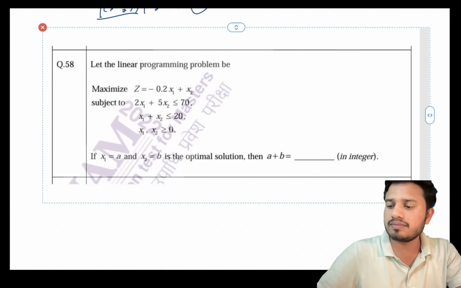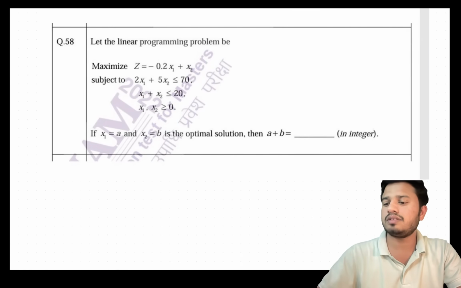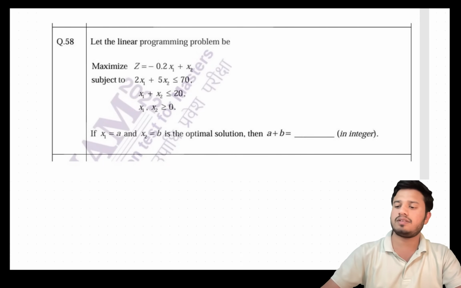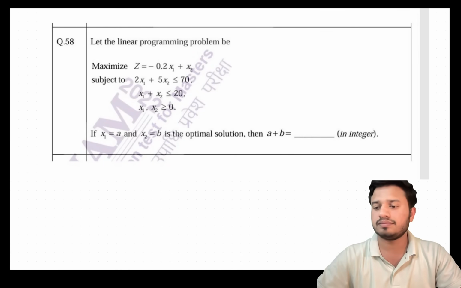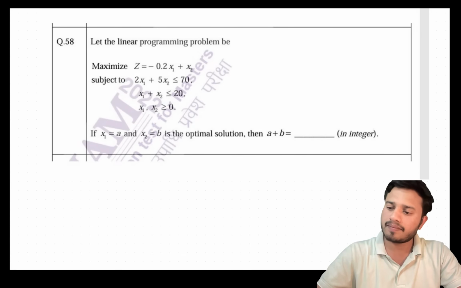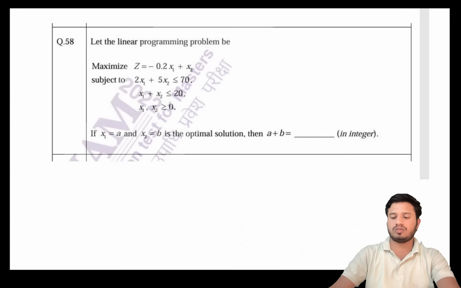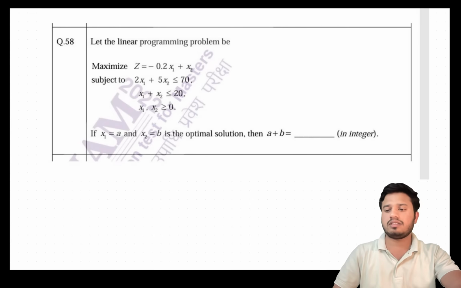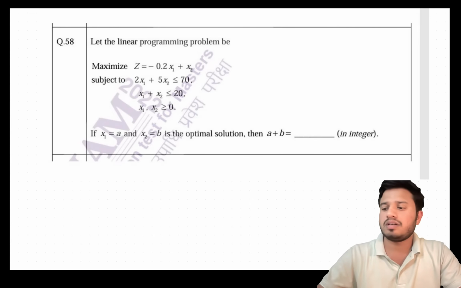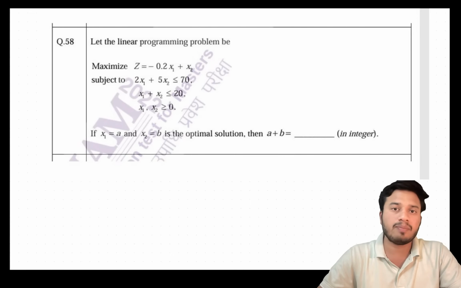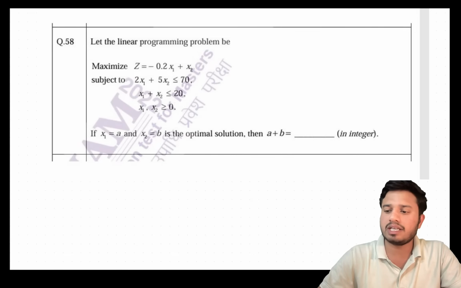By solving this problem, you get the answer. After that we will see what will happen if we have more variables. The topics left are only the variables case and the dual of the problem.